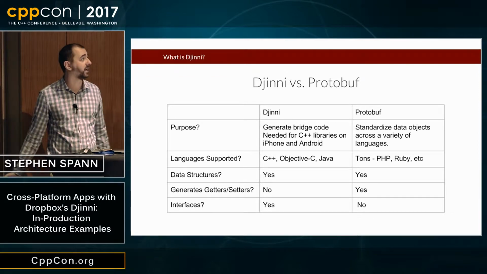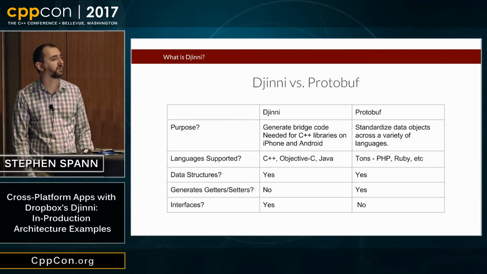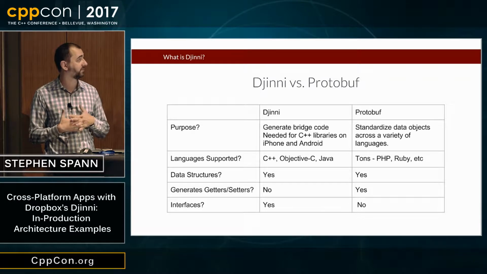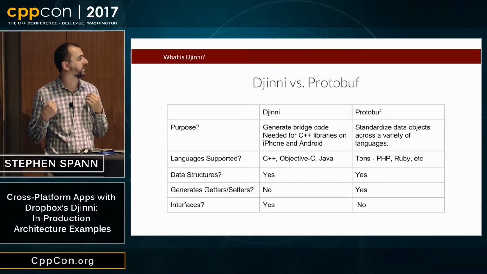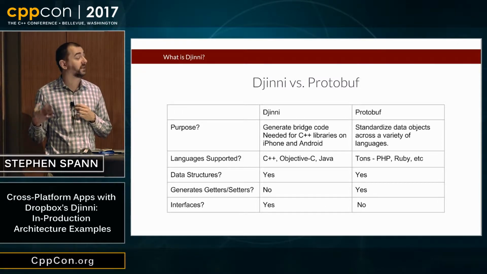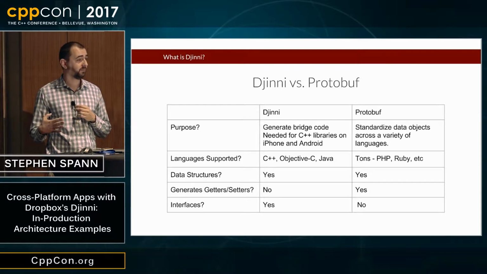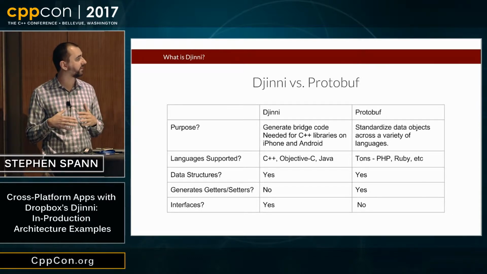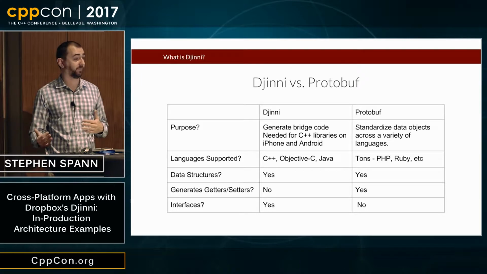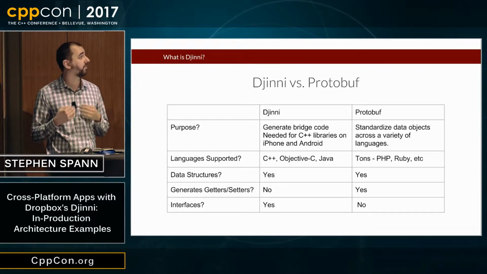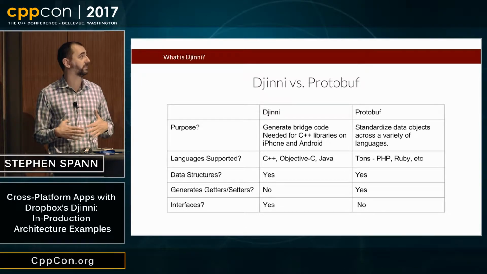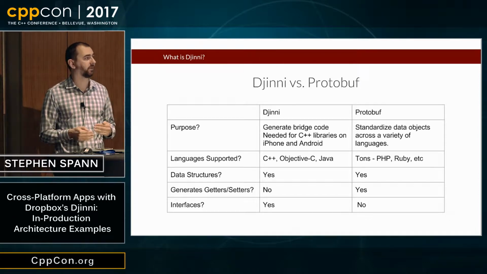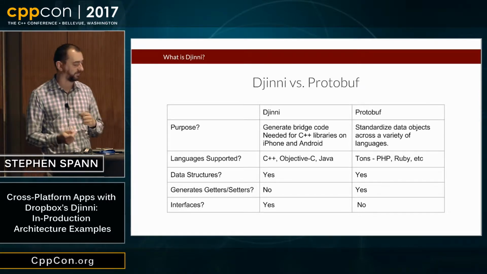Protobuf supports a whole ton of other languages, PHP, Ruby, and it's more focused on the data structures themselves. So they both do data structures. Protobuf actually generates the getters and setters for you, so you kind of get that member feel, but it's not an interface though. So you can't make methods with protobuf. Djinni, that's primarily what we're going to be doing, is calling methods back and forth.